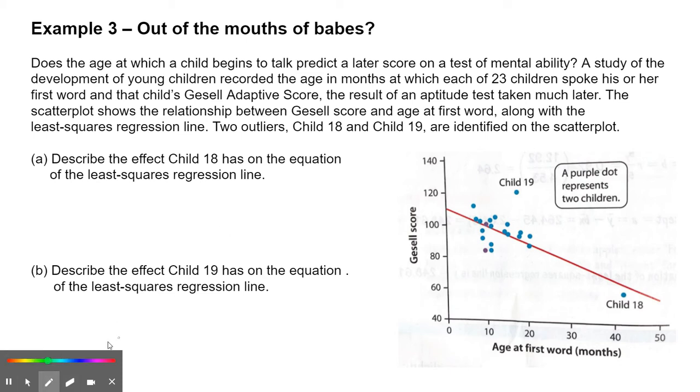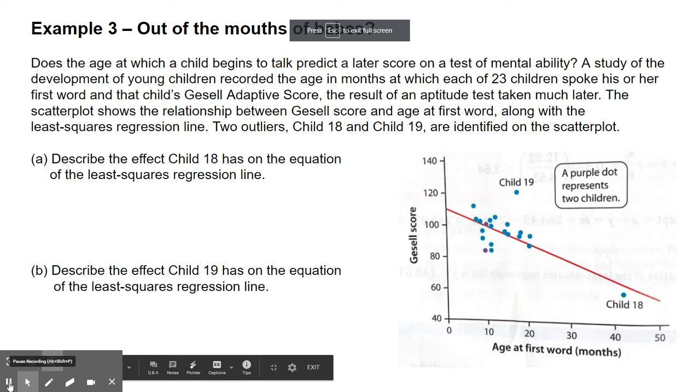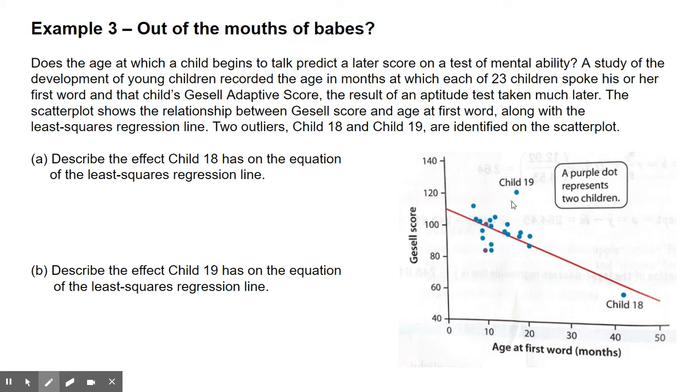So now it says, describe the effect child 19 has on the equation of the least squares regression line. I see here child 19 is above the data, but it's near the rest of the data. So here's how we're going to say it for child 19.